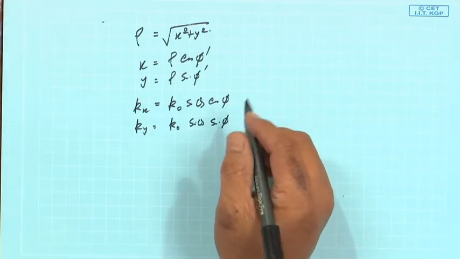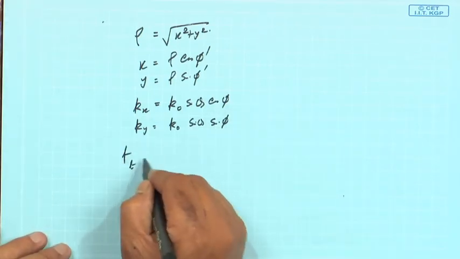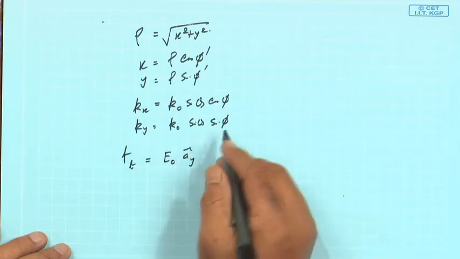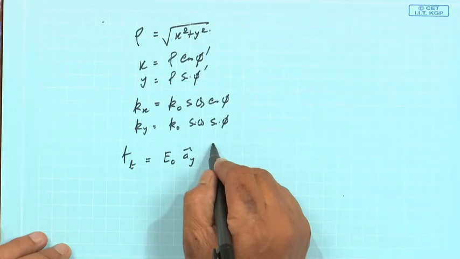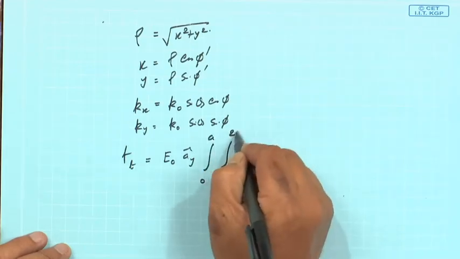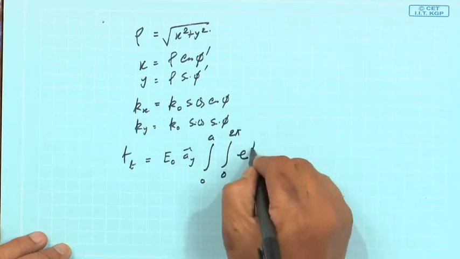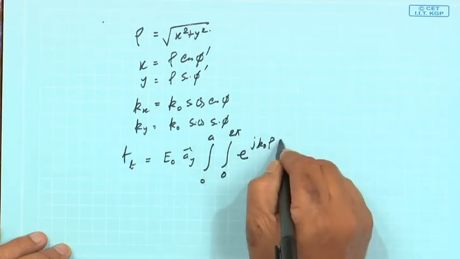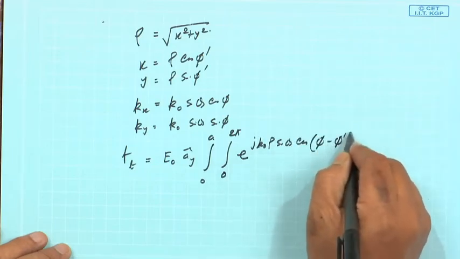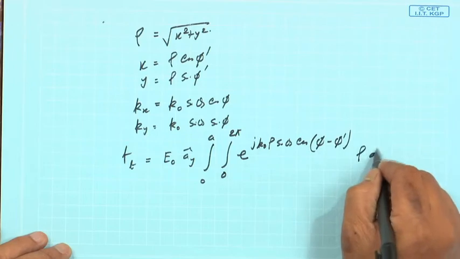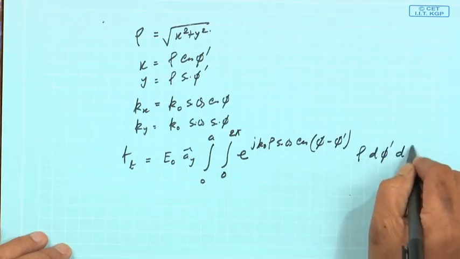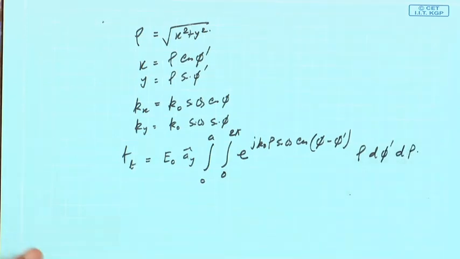So, I can put it in that F_T expression. It becomes E0 a_y, then integral from 0 to a, 0 to 2 pi, e^(j k0 rho sin theta cos(phi - phi dash)) rho d phi dashed d rho.